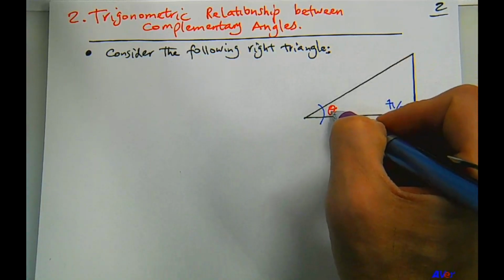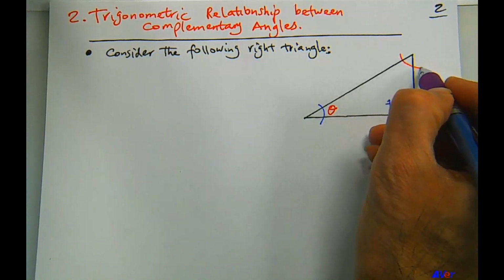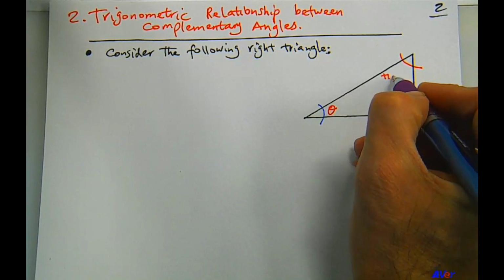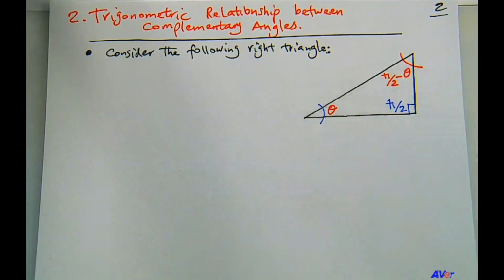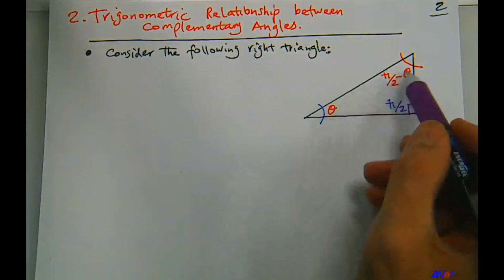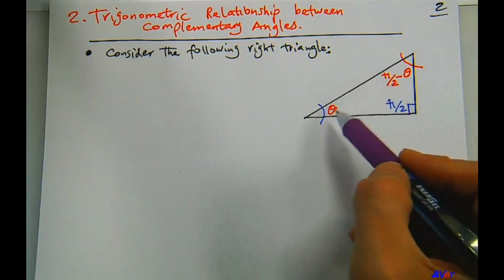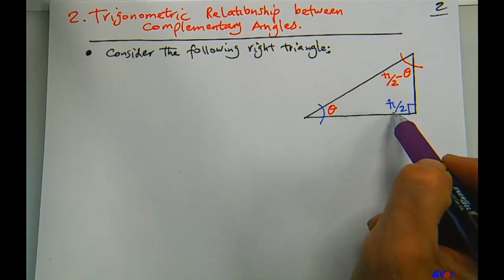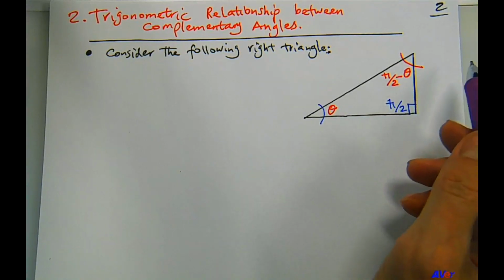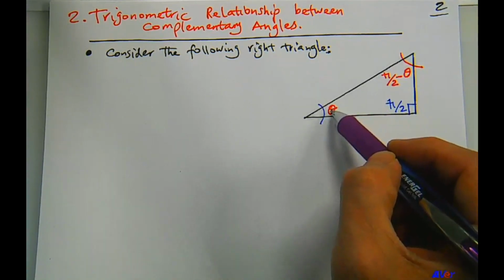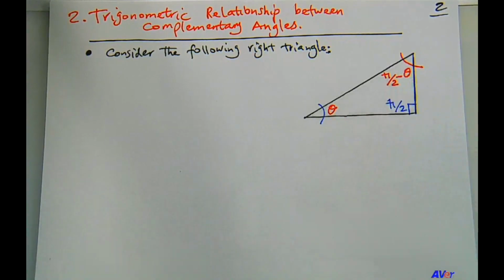So if the measure of this angle is theta, then this angle should be pi over 2 minus theta, right? Add these two, you get pi over 2, which is 90 degrees, plus another 90 degrees, you get 180 degrees. So the measure of this angle is theta. The measure of this angle is pi over 2 minus theta.